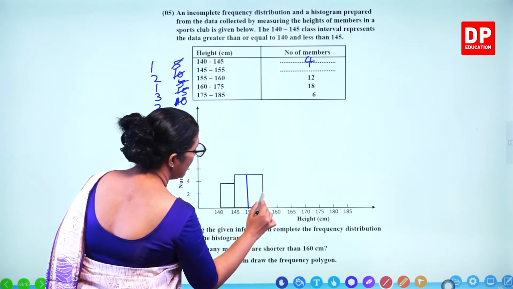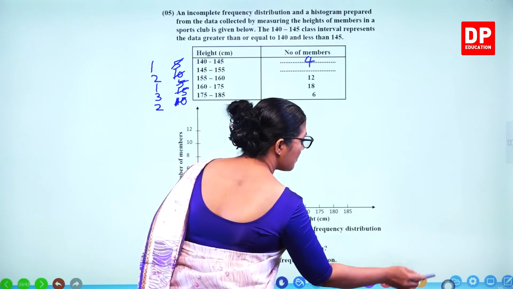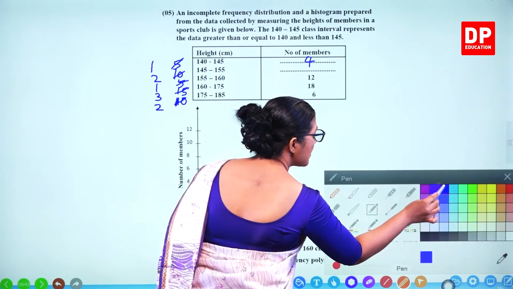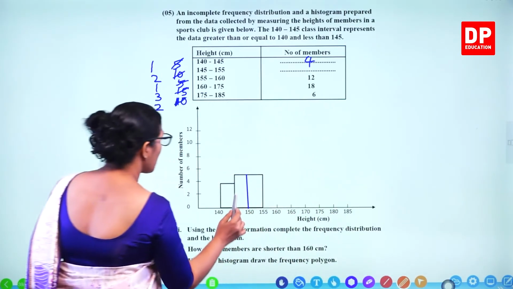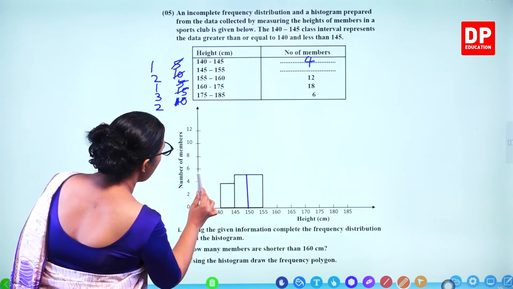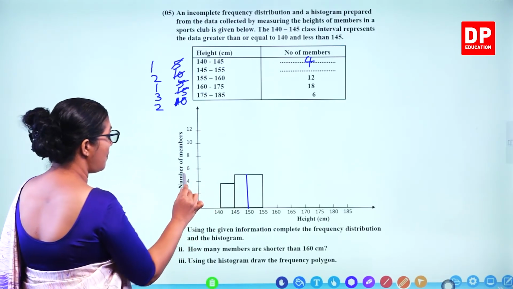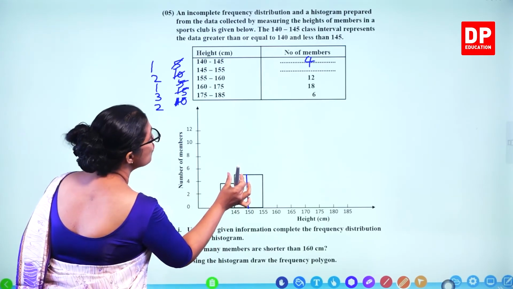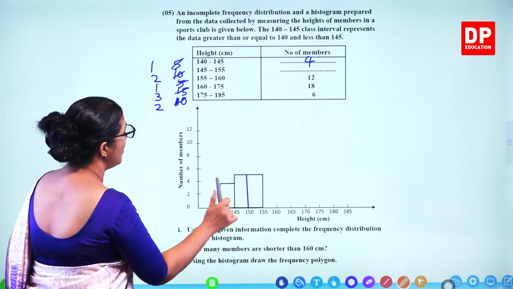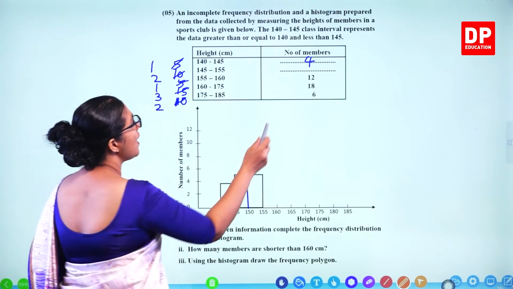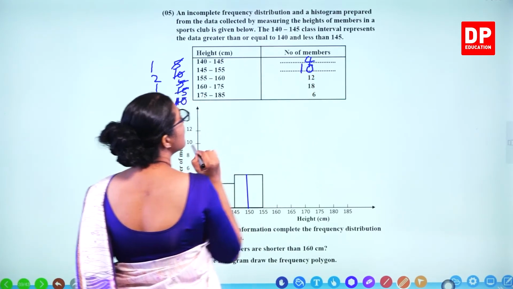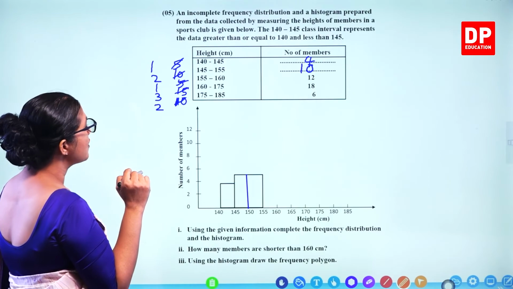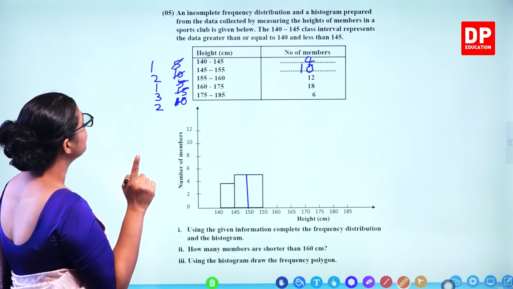So here when you divide that, when you read it, this is 5. In the midpoint of 4 and 6, that's 5 here. So 5 and 5, because here to here 5 and 5, that's 10. Then the next one, 12.